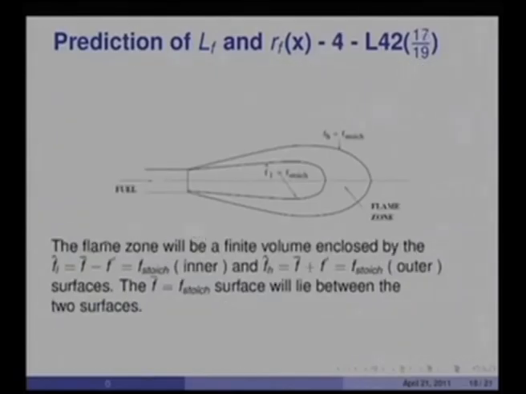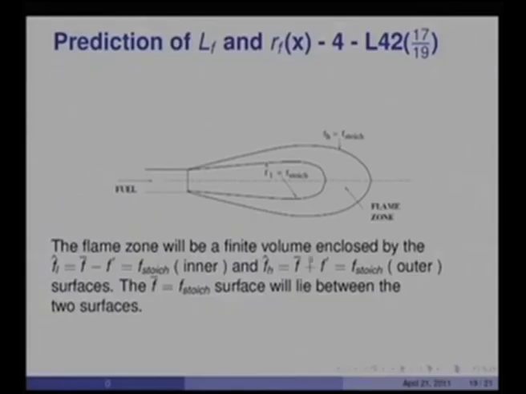And therefore, the flame zone will be a finite volume enclosed by f L equal to f bar minus f dash, when that quantity is equal to f stoic, which is the inner edge of the flame, and f H equal to f bar plus f dash equal to f stoic would represent the outside of the flame, and thus the f bar equal to f stoic surface will lie somewhere between the two surfaces. So, in this case the thickness of the flame edge is now being analyzed.